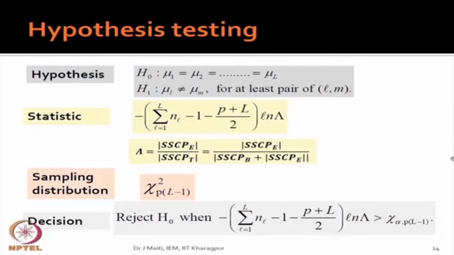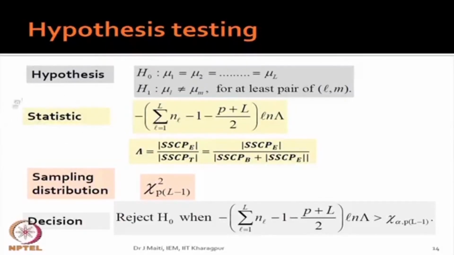What are the hypotheses? First is the null hypothesis and then the alternative hypothesis. In our case, the null hypothesis is there is no difference in the mean vectors for all the populations, and the alternative hypothesis is that at least one pair of populations are different in terms of their mean vectors.